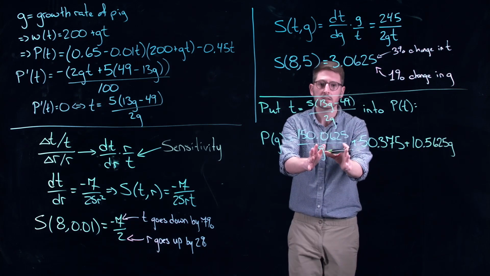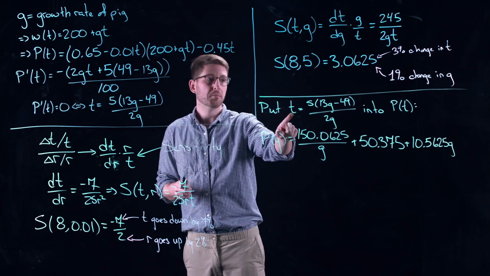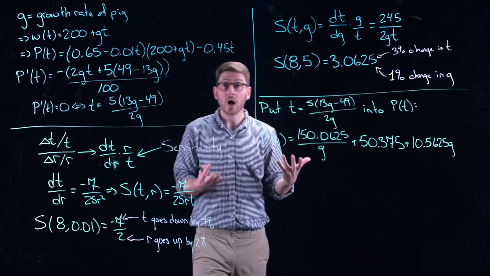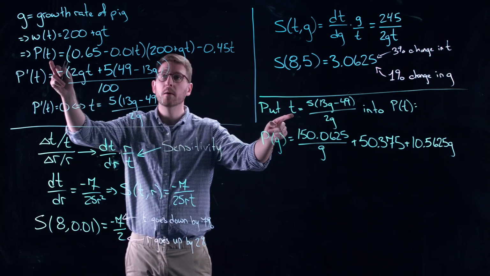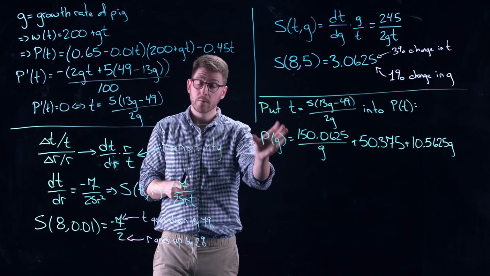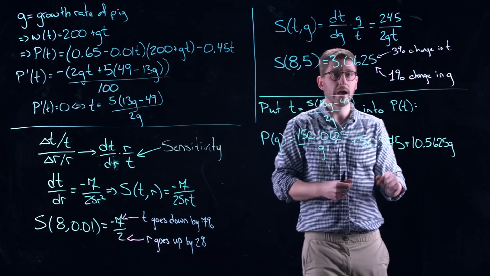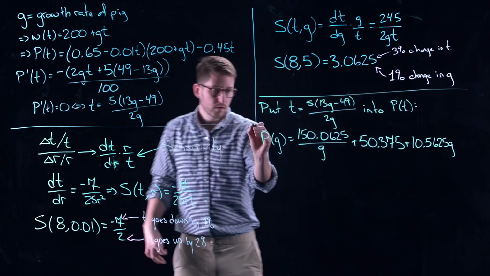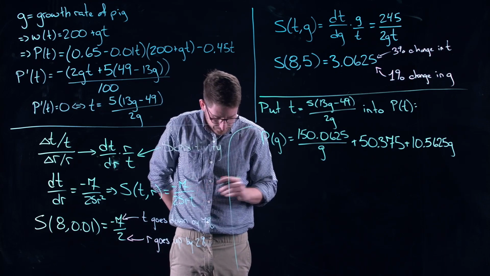So I figured out the optimal time to sell based on my parameter g. Then I asked myself, what is the profit that I would make? Well, I took that time to sell and I put it into my profit function. The result is my profit when I sell at the optimal time as a function of that growth rate g. But now I've got something I can take derivatives of, right?